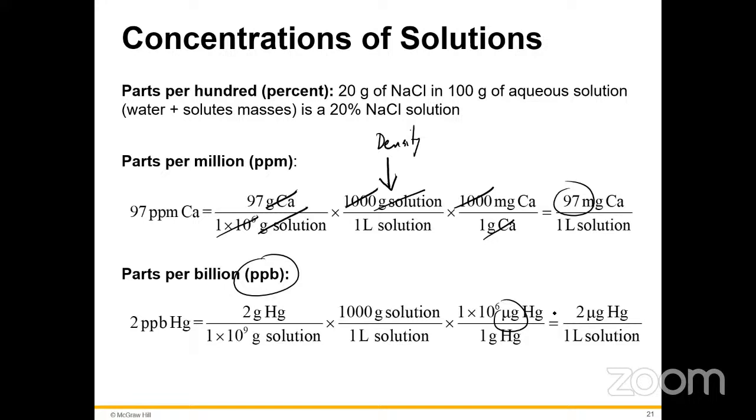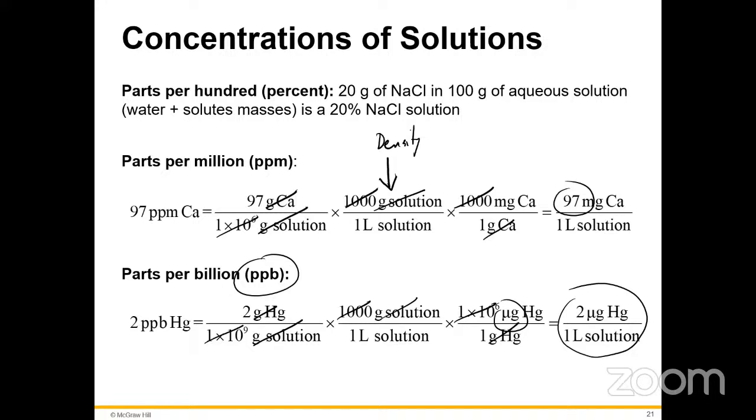So by the time you do your cancellation, you're going to have 1,000 divided by 1 times 10 to the 9, and that will cancel out with this because that will be equal to a million. And again, you're going to end up with the same numerical value as in the case of parts per billion. But this time, the units would be micrograms of mercury per liter of solution.